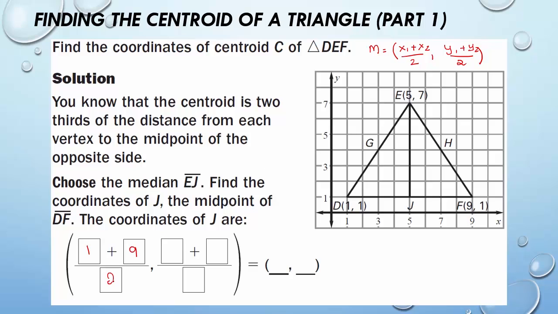Divide that by 2, so that's 1 plus 9 is 10. 10 divided by 2 is 5. And then find our y coordinate of our midpoint, so that's 1 plus 1 divided by 2, which is 1. So our midpoint over here, which is J, is located at x equals 5 and y equals 1, which you can see in the picture.